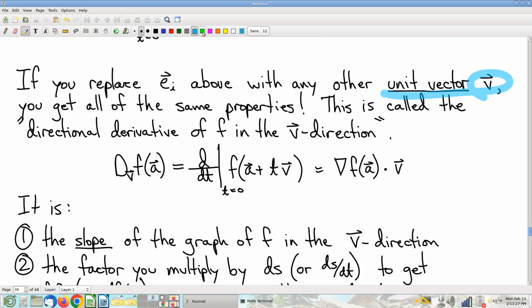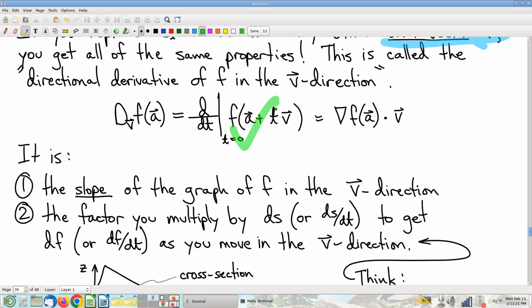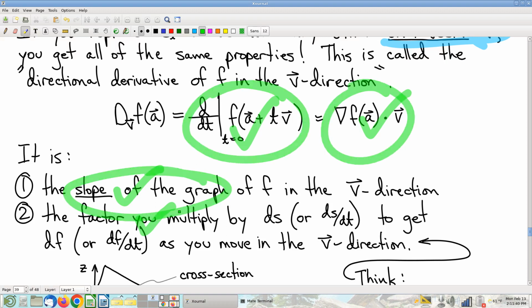I can still write down this expression. I can still talk about what would be the slope of the graph as you move in that direction. I can still talk about what's the multiplicative factor between input changes and output changes as I move in that direction. And we should expect these things all to be equal.